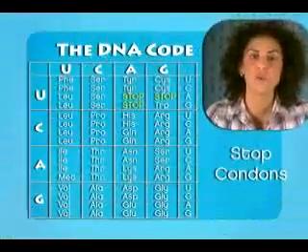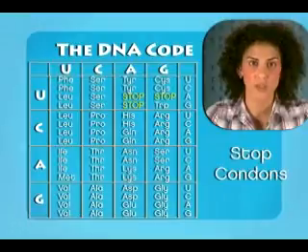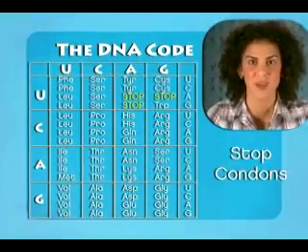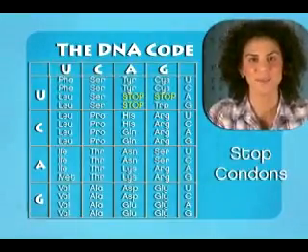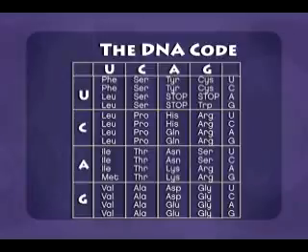Maybe you're wondering, what about a stop signal? Notice on the table that there are 3 codons that don't refer to any amino acid. You guessed it. Those are the stop signals. So now that we're getting to know this table, there's just one more thing that you should notice about it. Notice that many of these amino acids have more than one code that stands for them. Think about it like a dictionary.